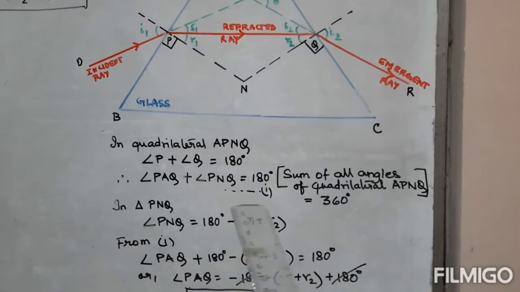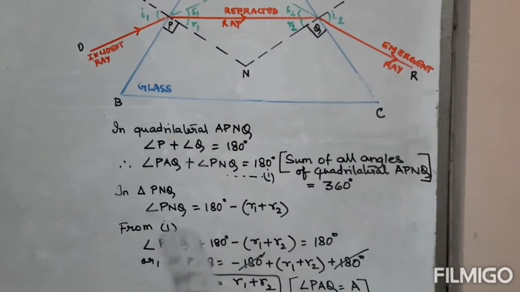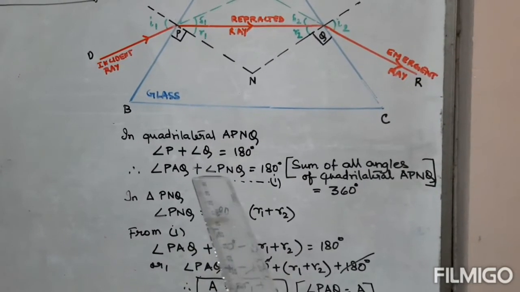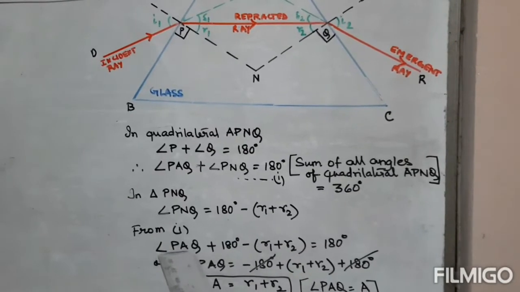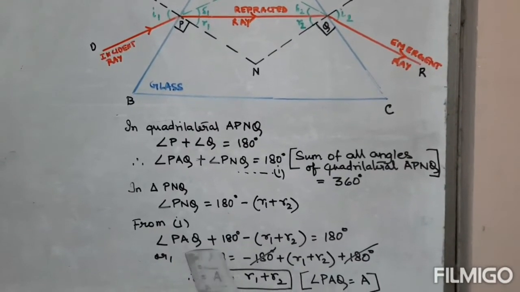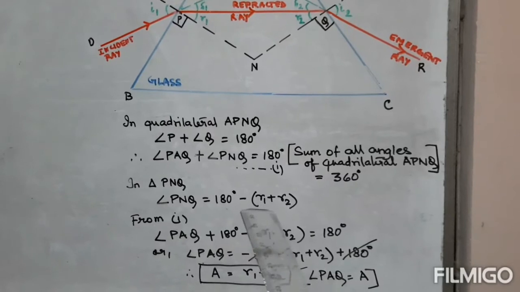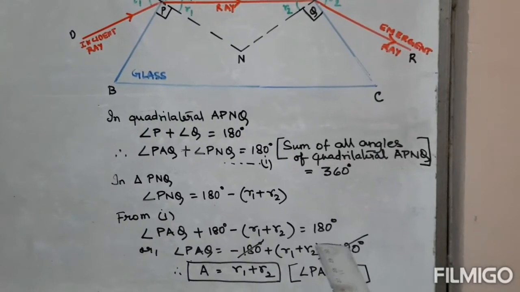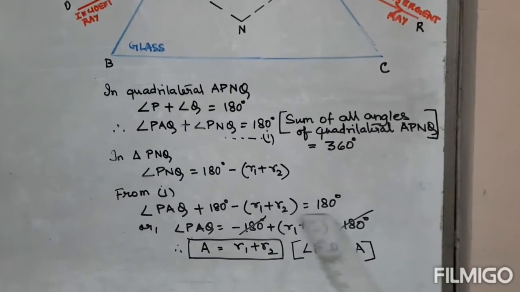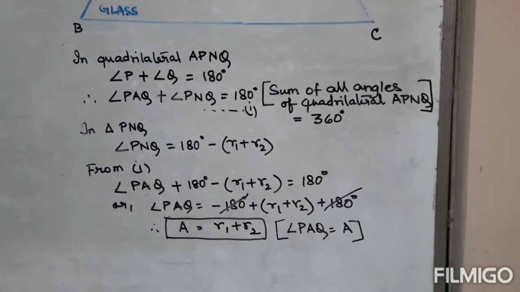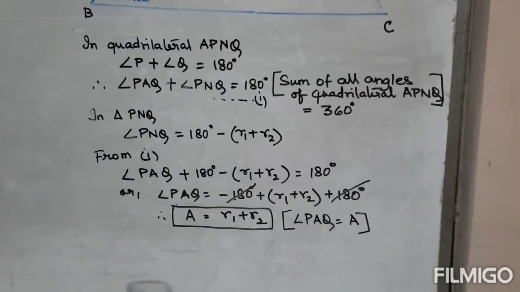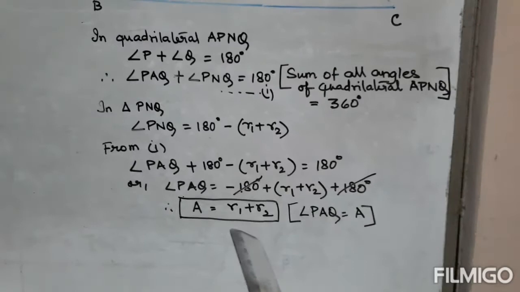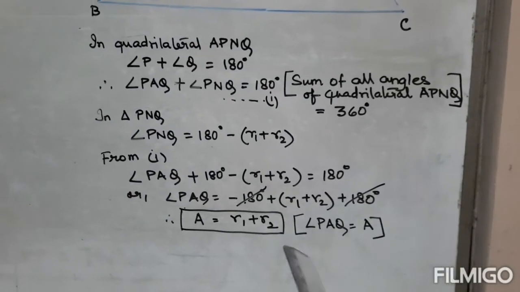So, from equation 1, if we substitute the value of angle PNQ, we get angle PAQ plus 180 minus (R1 plus R2) equals 180. From there, 180 gets cancelled and we get PAQ, which is the angle of the prism A, is equal to R1 plus R2.